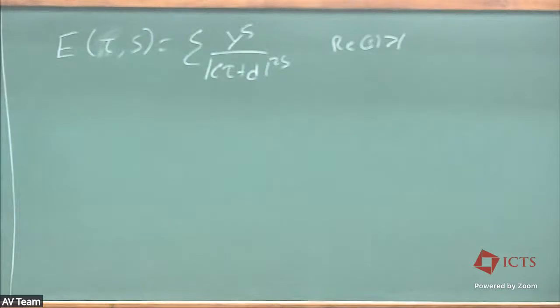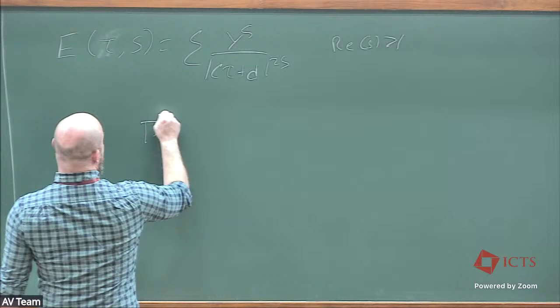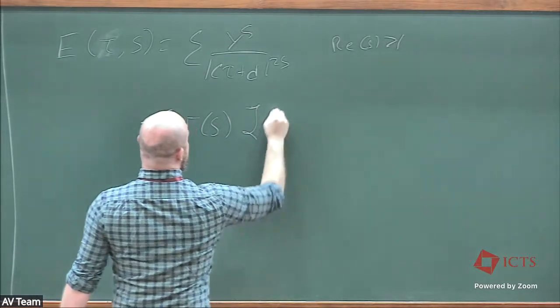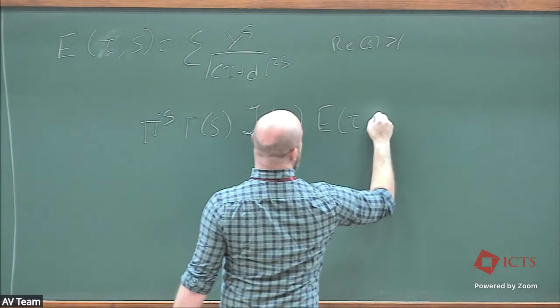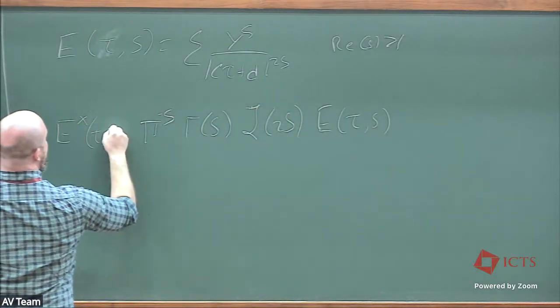Now, there's also a nice completion of this, where we decorate this. Sorry, I have to scroll back here in my notes a little bit. There we go. So pi to the minus s, gamma of s, zeta of 2s times this Eisenstein series, I'm going to call this E star tau of s.